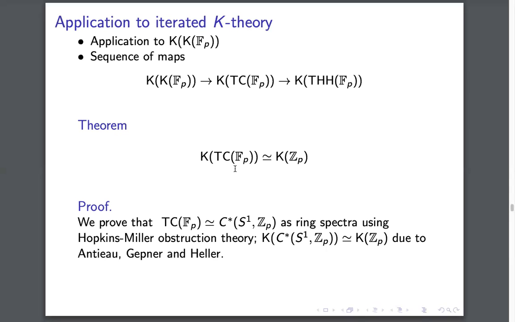I mean, I think you can make sense of it, right? Yes, you should be able to make sense of it. But the reason people studied the S1 action on THH was because of trace methods, right? And we don't so far know how to go from co-THH to algebraic K-theory.